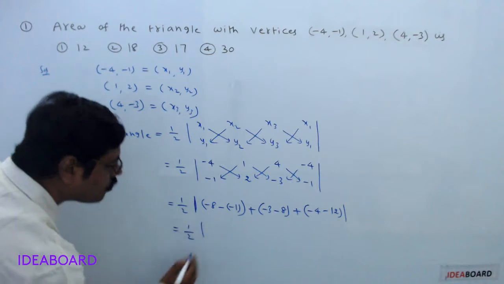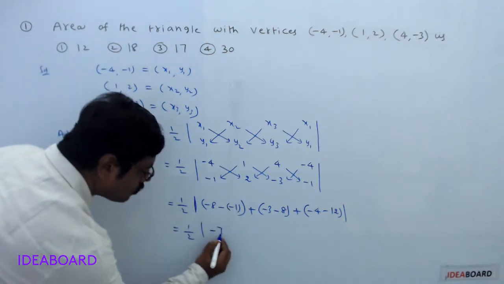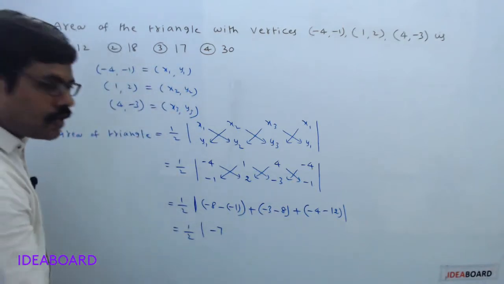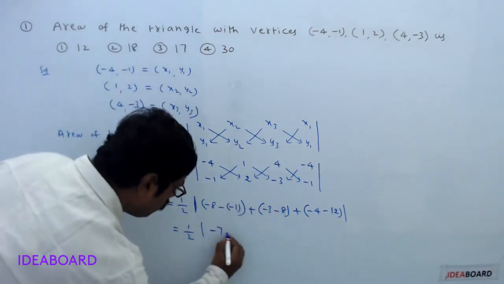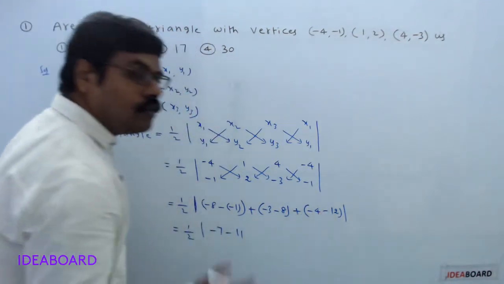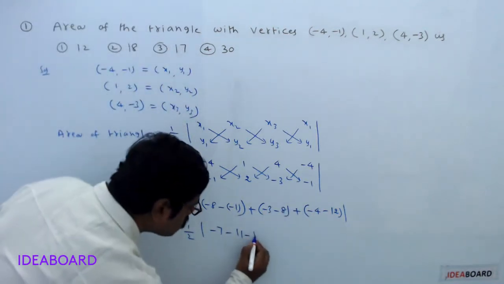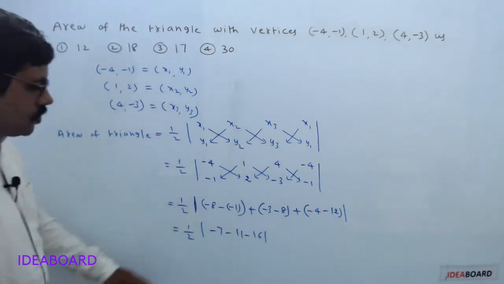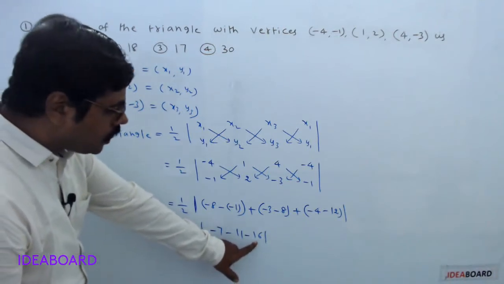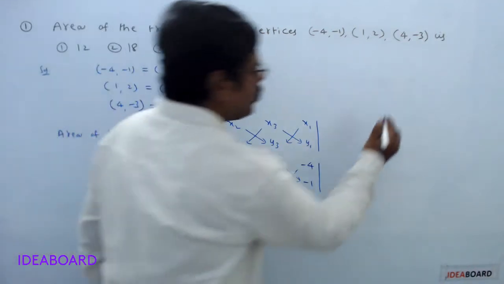This is half modulus of minus 8 plus 1, it is minus 7, minus 3 minus 8 is minus 11, minus 4 plus 12, minus 16. Now this is minus 7 minus 11 is minus 18, minus 18 minus 16 is minus 34.